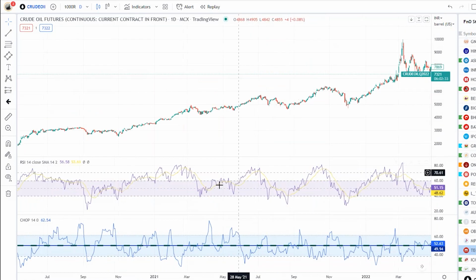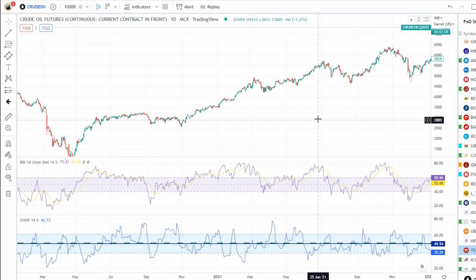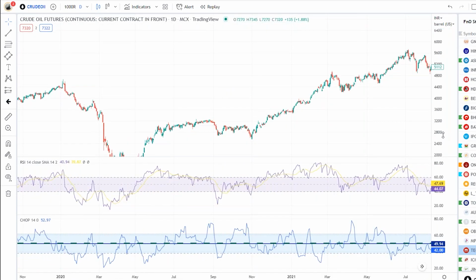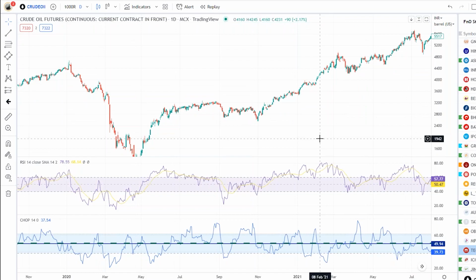Now as I told you, the RSI has to be above 60, but at the same time, how do I find the market is going to be trending? Choppiness needs to be below 50. Remember the rule, choppiness has to be below 50. RSI should be above 60 and choppiness should be below 40. That is where I will initiate a buy. And these two have to happen together.